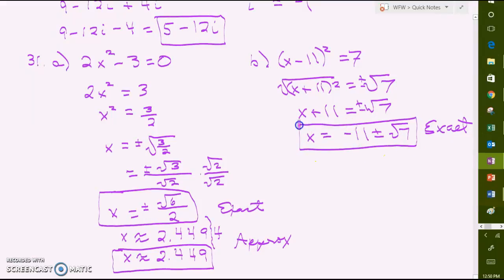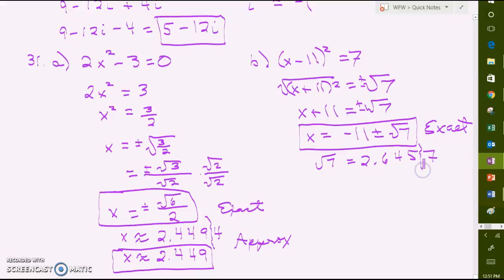And now for the approximate answer, we have to find the square root of 7 to 3 decimal places, and the square root of 7 is 2.6457, and so on. So we're going to write it out to 4 decimal places.